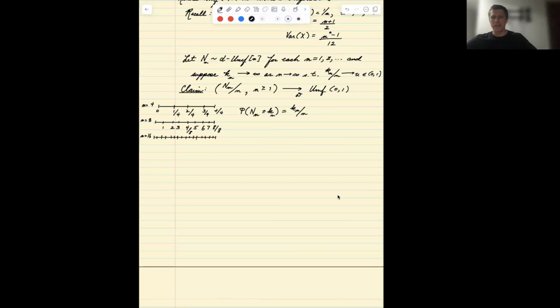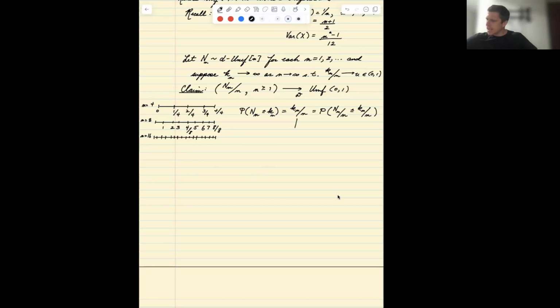It's Kn over n. Okay. Another way to look at this, though, is we could have divided both sides by n. So this is the same as asking that the discrete uniform divided by n is less than or equal to Kn over n.